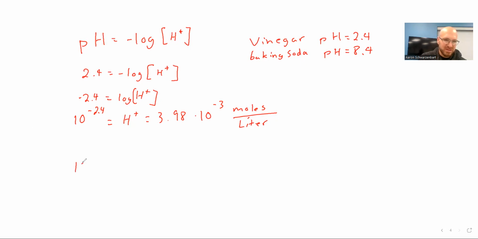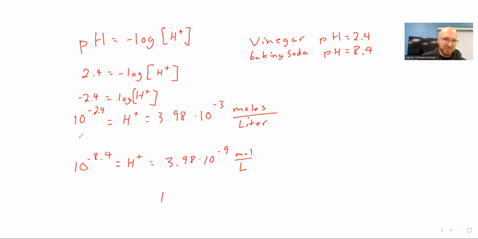Baking soda, if you see the pattern, I just negated the pH: 10 to the negative of the pH gives me H plus. You could work it out again with the logarithm, but this one is 3.98 times 10 to the negative ninth moles per liter. So it says how many times greater? We're going to do one divided by the other.